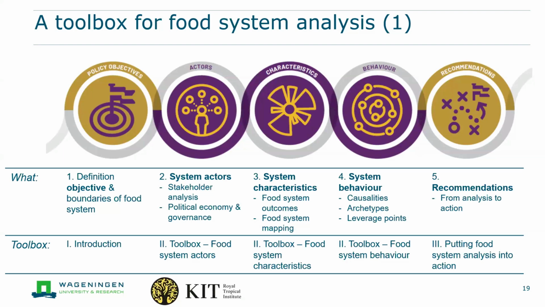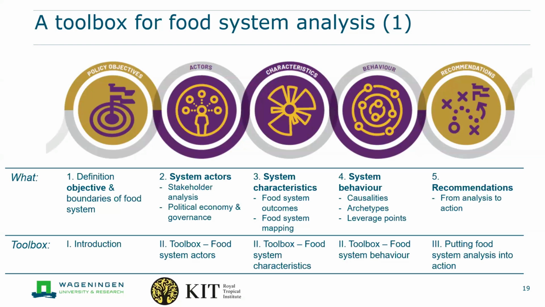That we go from certain policy objectives, first analyze what are the key actors that play a role in our system, what are their power dynamics, then look at what are the system characteristics, so try to understand what are the drivers, what are the activities, what are the outcomes, but how do they relate as well, and then look more into system behavior.